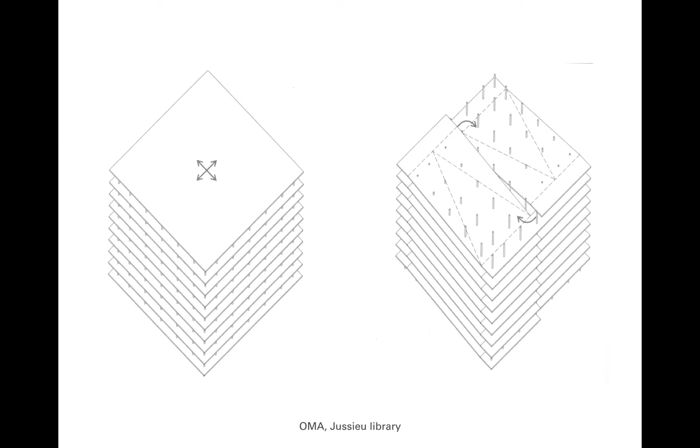For the Jussieu library, OMA took the ready-made of the floor slab and column structure, in a sense Corbusier's Maison Domino, expanded to the scale of a large building. That was, in a sense, the ready-made that launches this project.